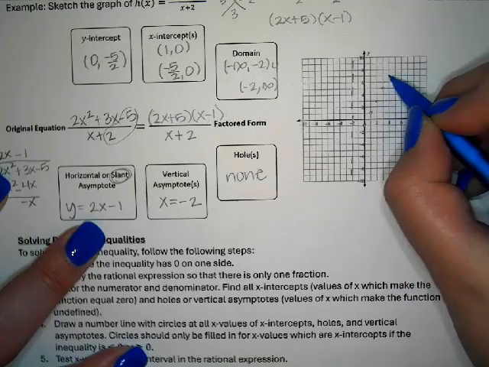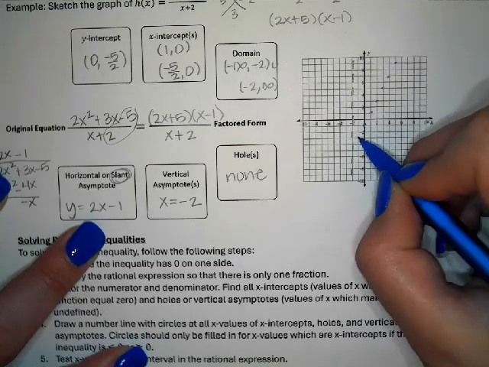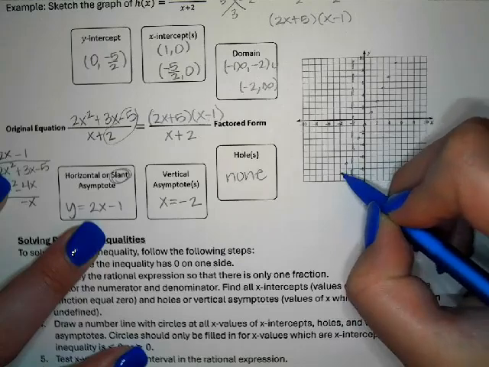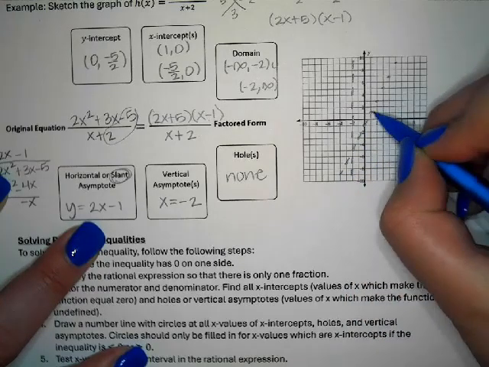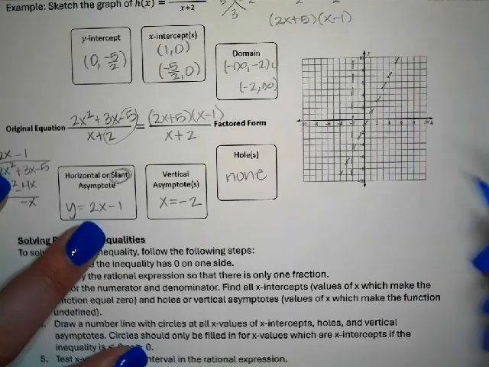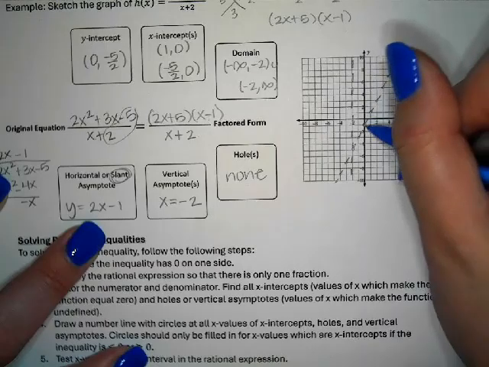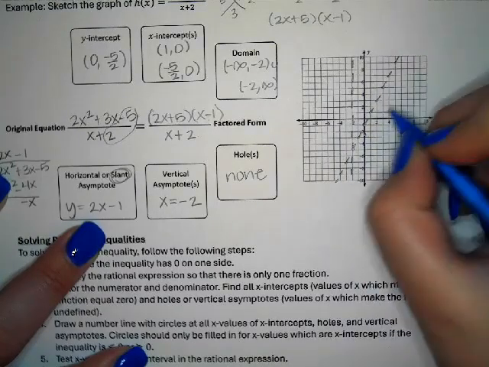I'm going to connect them with a dashed line. Okay, so there's a y-intercept of negative 5 halves and an x-intercept of negative 5 halves and an x-intercept of positive 1.